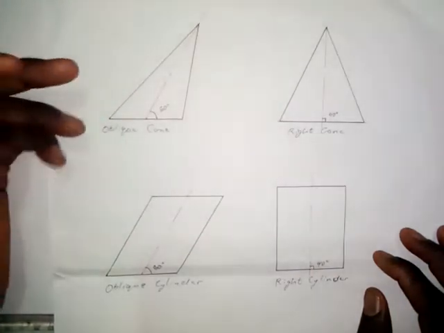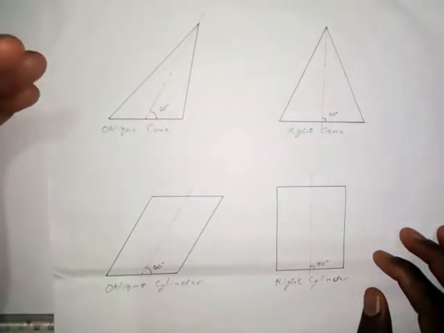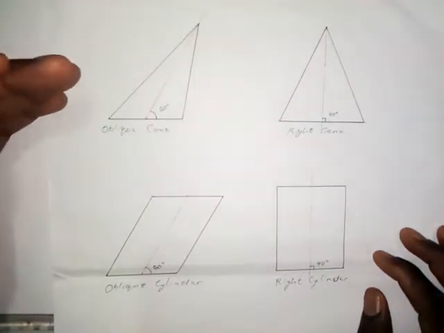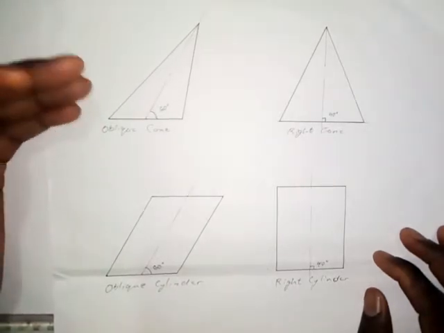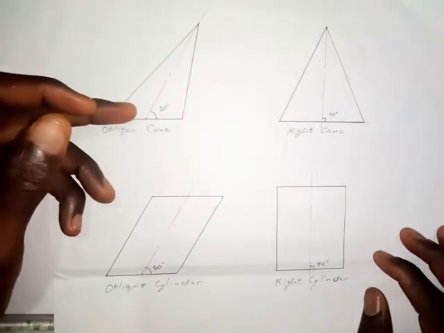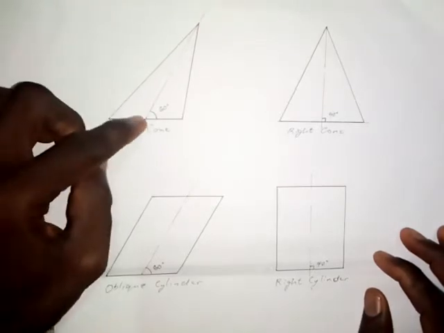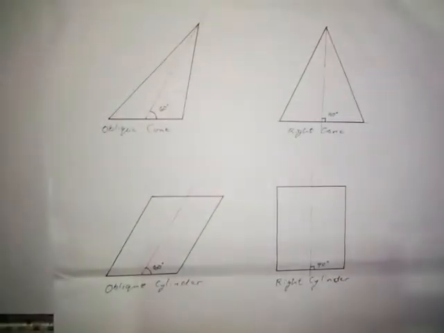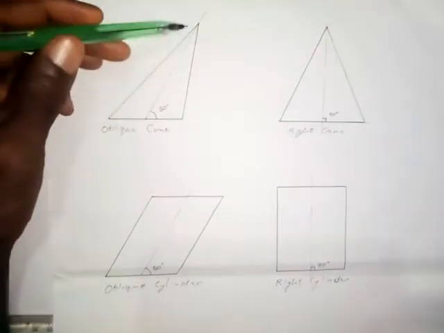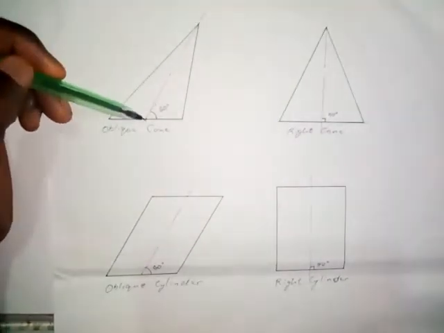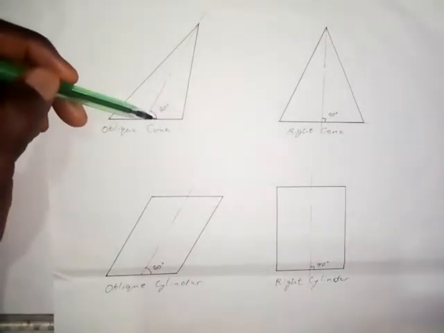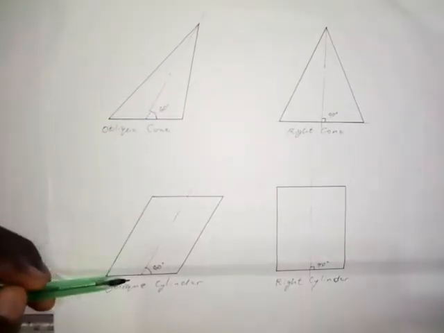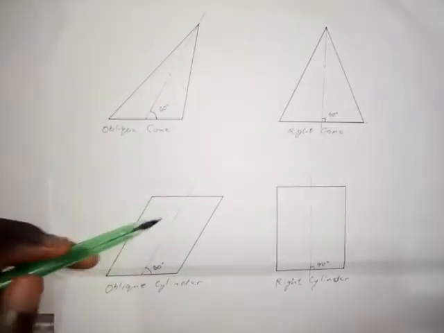And the central axis of the cone or the cylinder, which is oblique, is always inclined at an angle to the horizontal. For example, this is the central axis of this cone, and it is inclined at an angle 60 degrees to the horizontal. And also, this is an oblique cylinder.